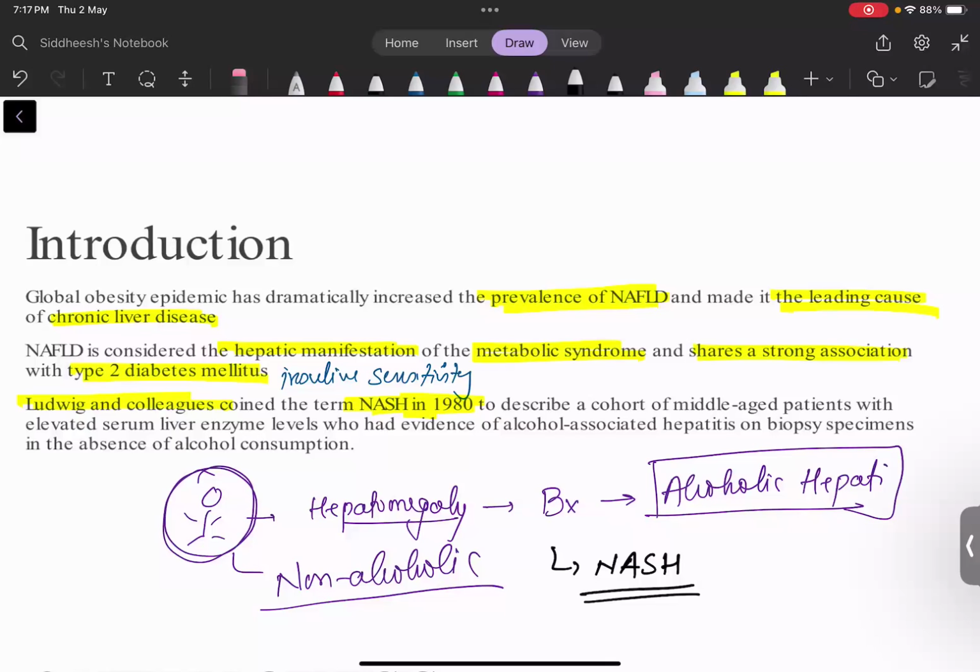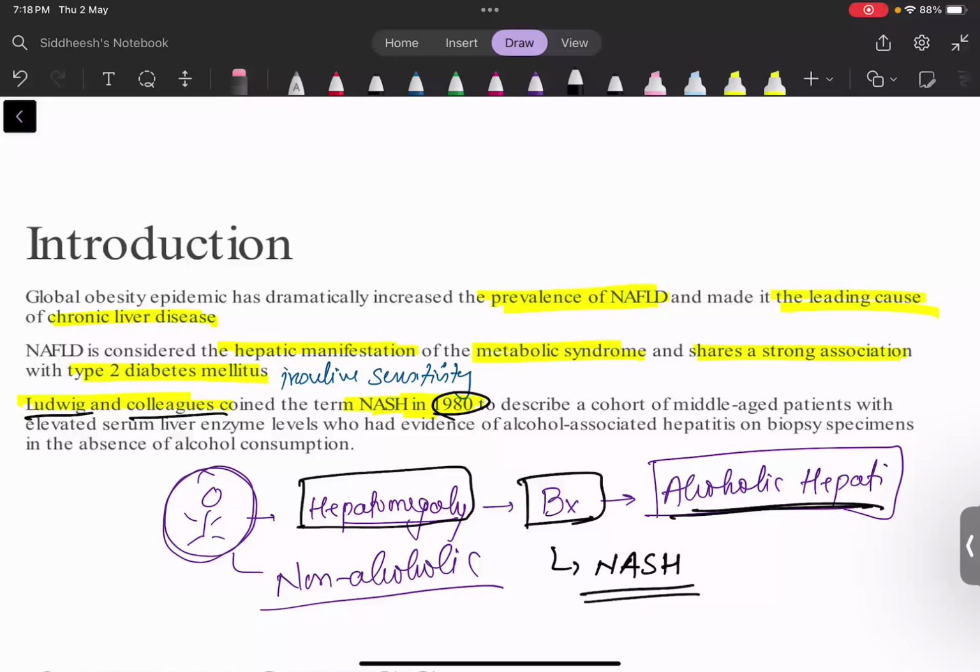NASH part. Okay. So what happened in 1980? Ludwig and his team got multiple patients with liver inflammation or liver enlargement. In medical terms, this is known as what? Hepatomegaly. So to diagnose the condition, they performed a liver biopsy, and on the pathological imaging, they found features suggestive of what?